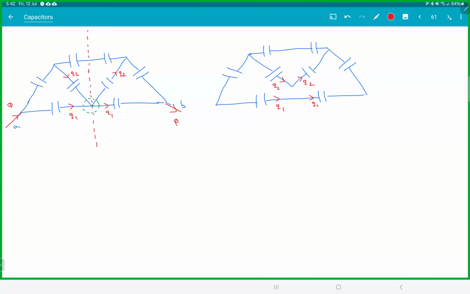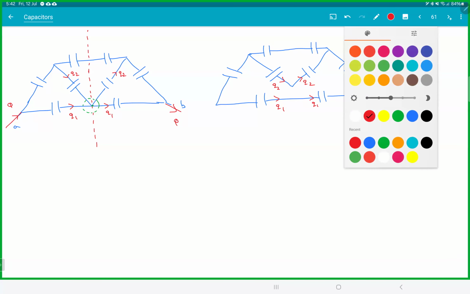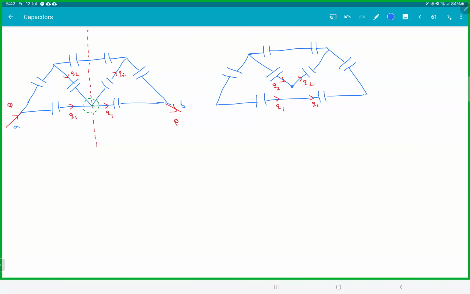Did the charge flow get affected in any way? No. So you can open up this node. This is what the second point means. So on that line, if you have any nodes, you can just open them up along the same line. Is that making sense?